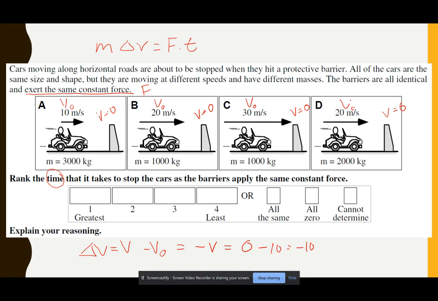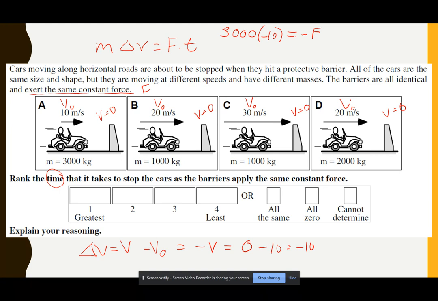Yeah, so we're looking at this equation up here. I'll write down one real quick. So we have our mass times our change in velocity, which would be a negative 10, equals, so it exerts the same amount of force. In this case, it is a negative force because, remember, we kind of talked about, is it a positive action or a negative reaction?